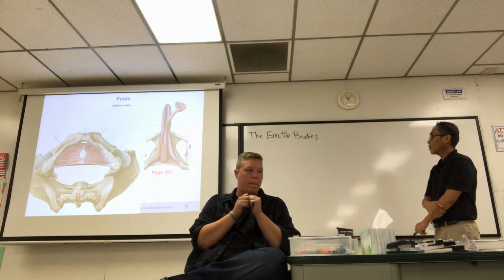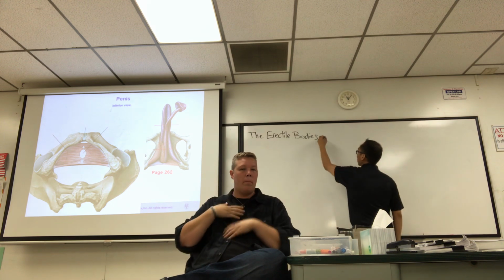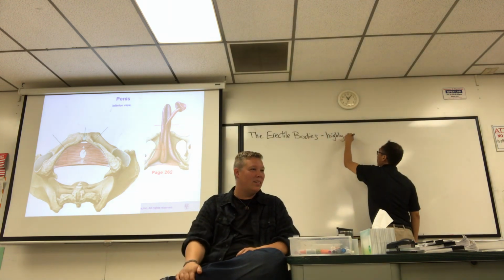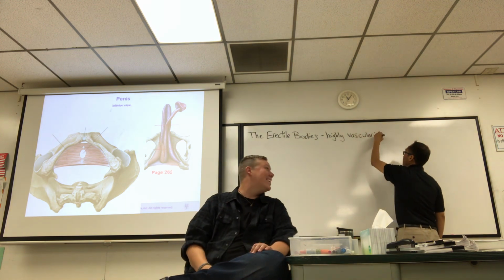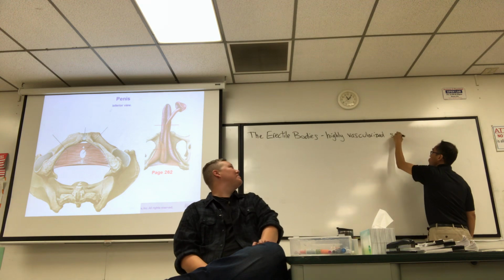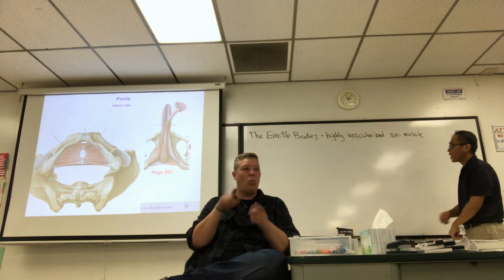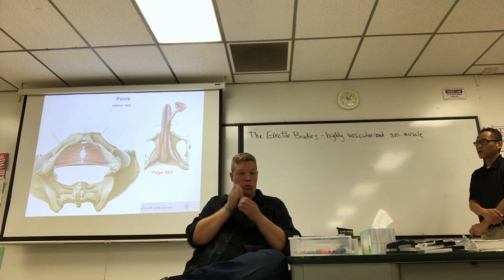So we're going to start with the erectile bodies of the penis. The erectile bodies are, I said this before, I think, highly vascularized smooth muscle. When I defined erection, I said that the penis becomes engorged with blood, and these are the bodies that soak up the blood.